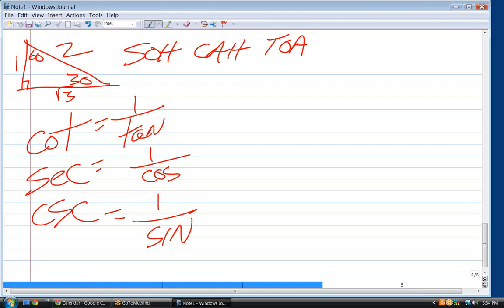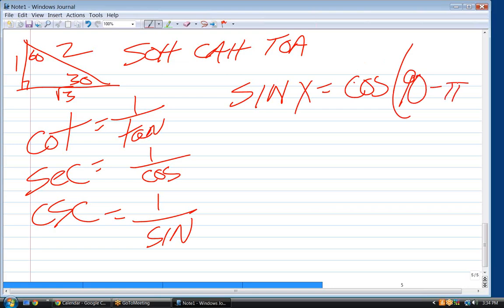Now, just to be clear, there are also something called cofunctions. Have you talked about them yet? No. Well, let me go over them just so that I'm not going to confuse you.